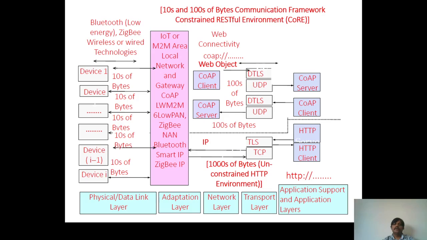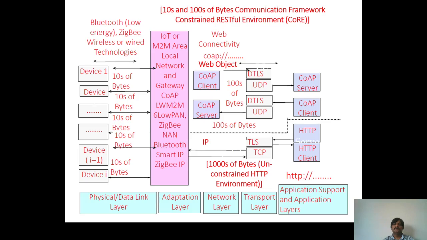So we have the figure for IoT or M2M devices, local network connectivity and web connectivity in constrained and unconstrained RESTful HTTP environments using communication protocols.